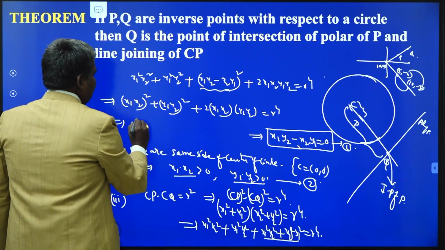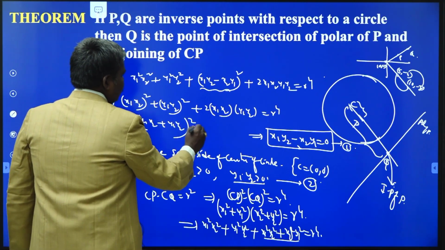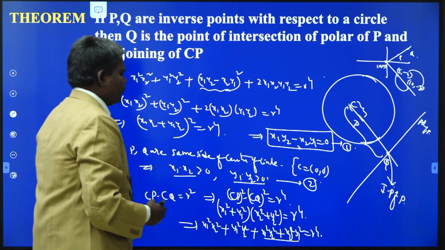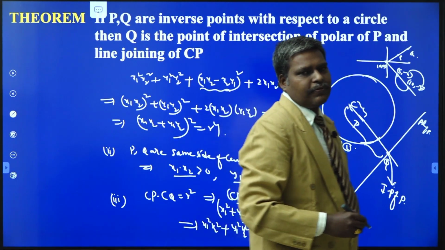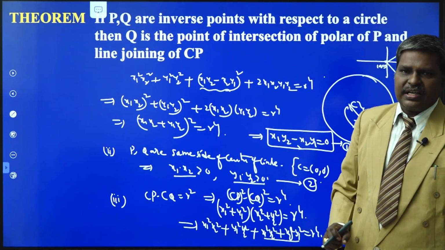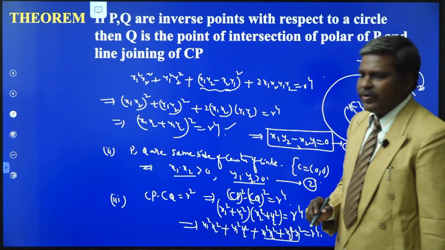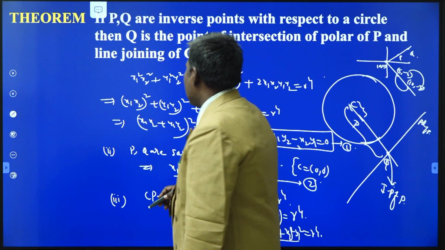Implies this is nothing but (x1 x2 + y1 y2) whole square is equal to r power 4. From the three conditions, using the definition itself, we achieve that (x1 x2 + y1 y2) whole square is equal to r power 4.